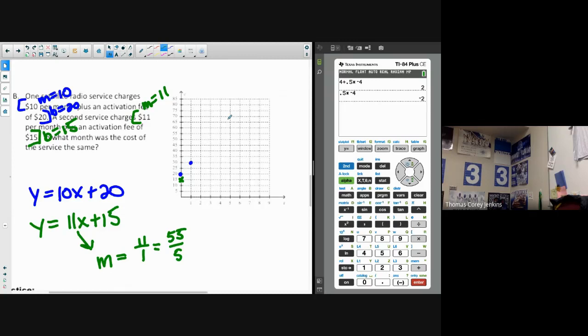And then let's see where they cross. So I'm just going to follow this pattern. Up, looks like up 2 over 1. And finally, we see that they cross right there. All right, so they cross at 5, comma 70.